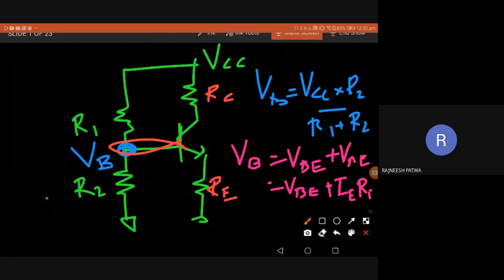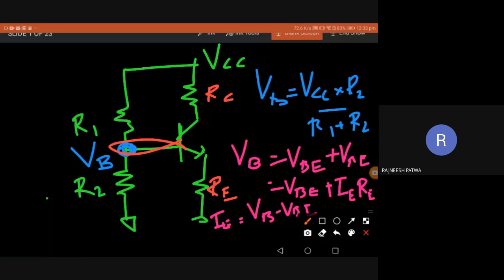Now we can directly calculate IE from this equation. IE is nothing but VB minus VBE divided by RE.